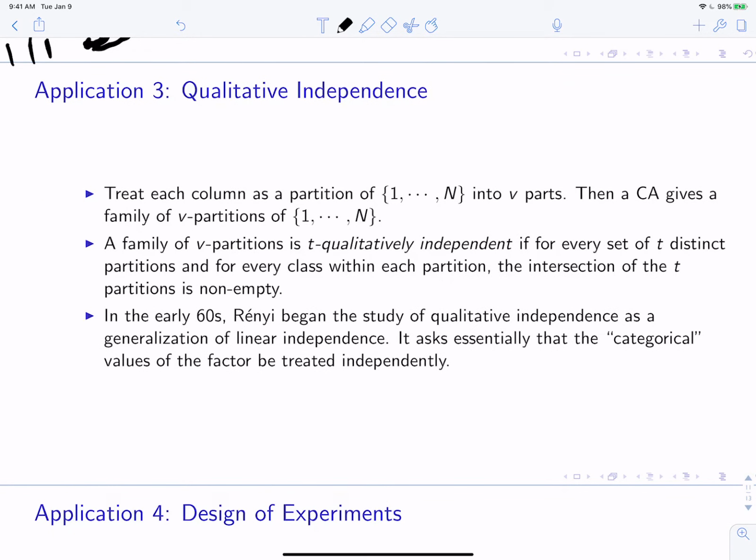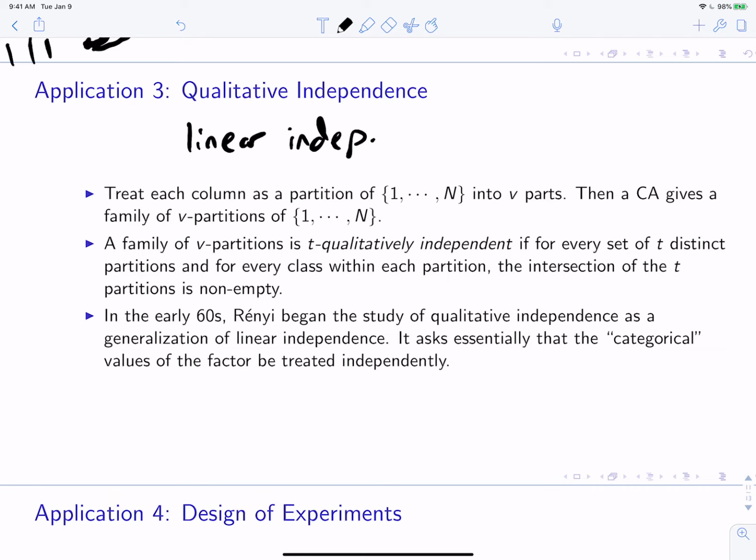Qualitative independence. So I won't spend much time on these, but how many of you have taken linear algebra? You may have heard of something called linear independence. So linear independence, I'm just going to give a short summary on this. Linear independence is focused on understanding how much something is expressed.